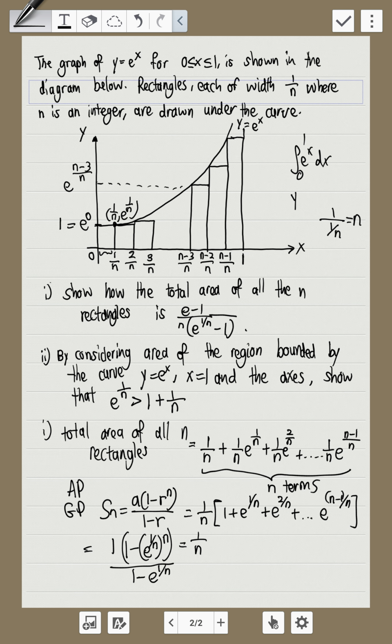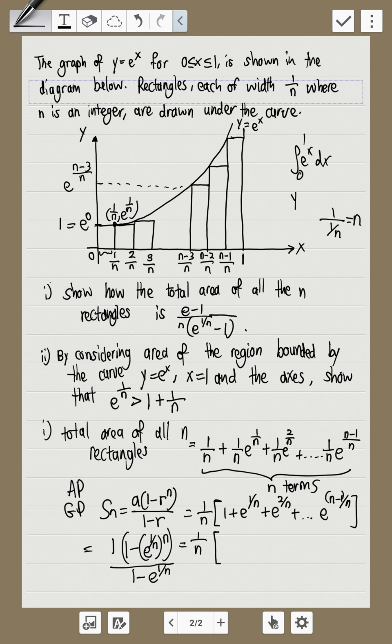If you don't know the concepts behind arithmetic progression and geometric progression, you won't be able to do this question, right? So you should get your basics before coming to do this.